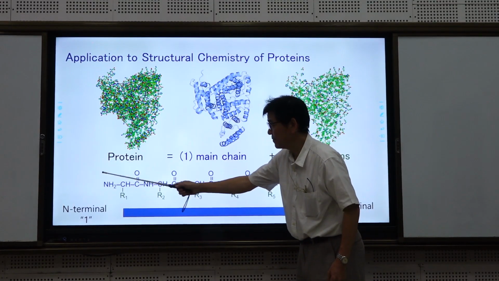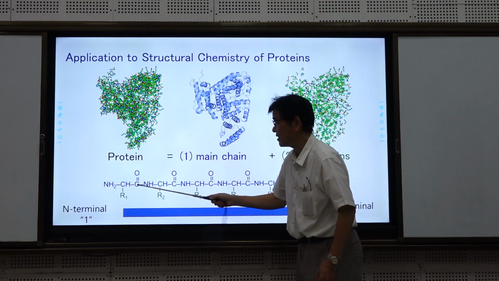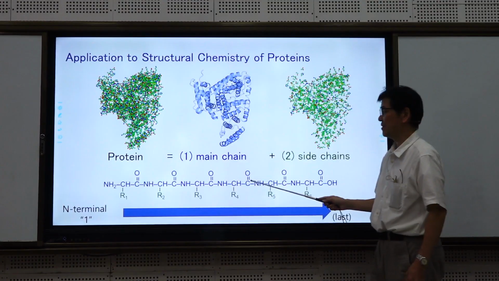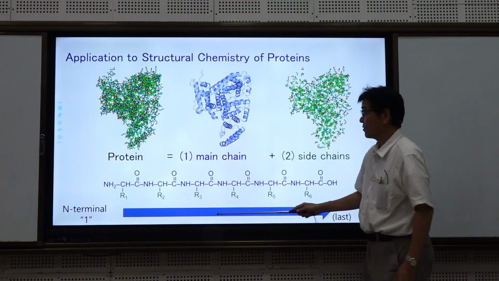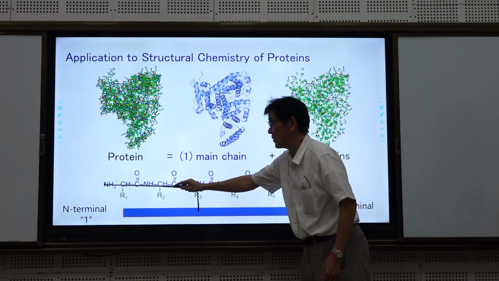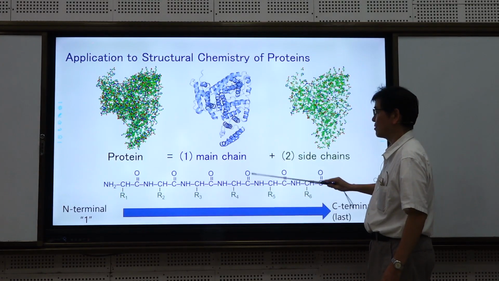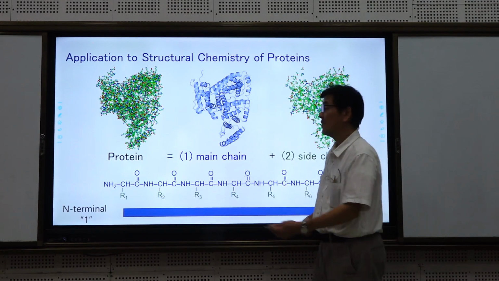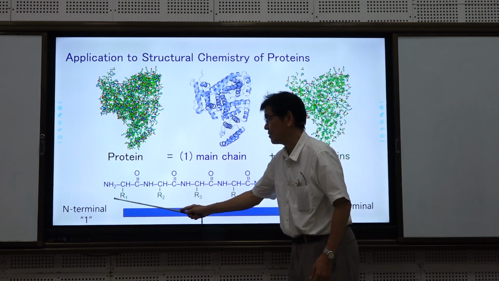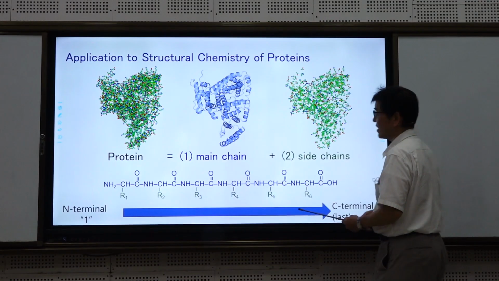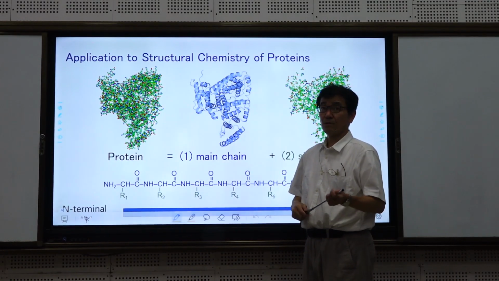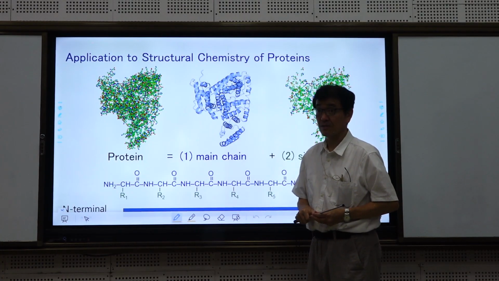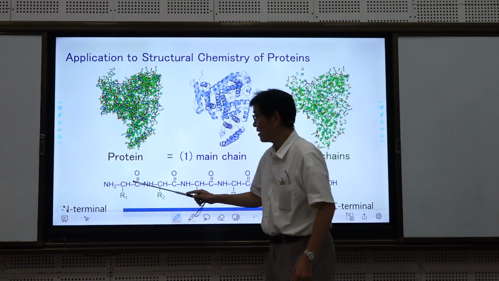The blue part is the repetitive NCCO, NCCO, NCCO, right? This is the repeating unit, so we call it the main chain. On the other hand, the side chain of the amino acid is various. In nature, 20 kinds of amino acids are known.